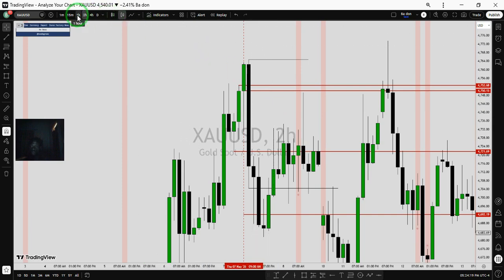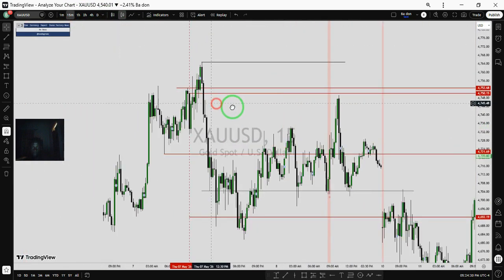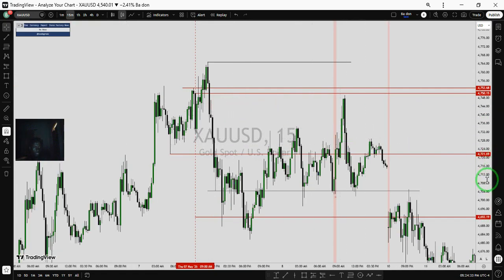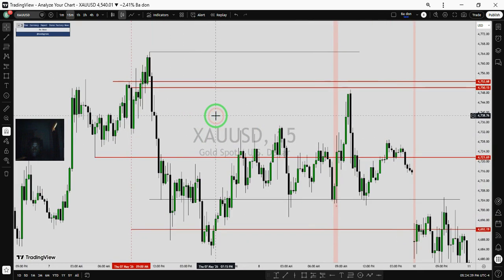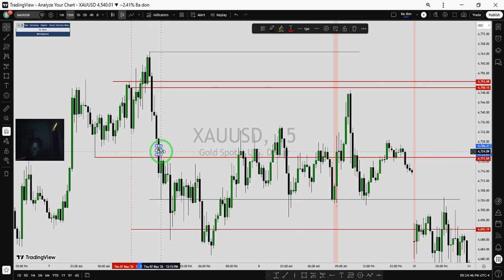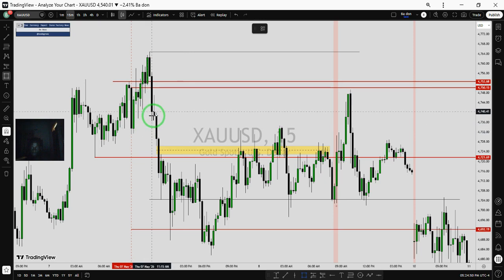So we'll go to the 15 minutes time frame. And on the 15-minute time frame here, we can see that this is the low and high of that change in the state of delivery range, and we still have a lot of fair value gaps here. Also, we have 1, we have 2, and we have 3 up here.